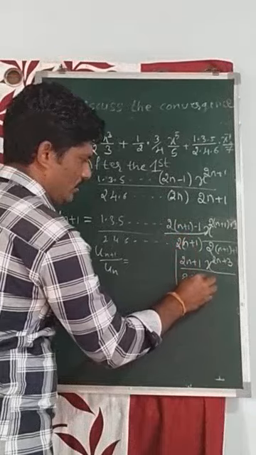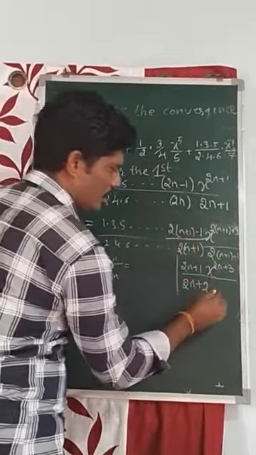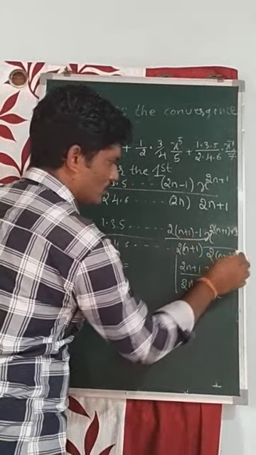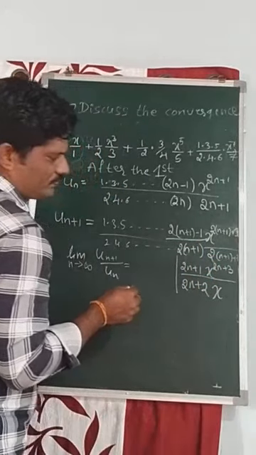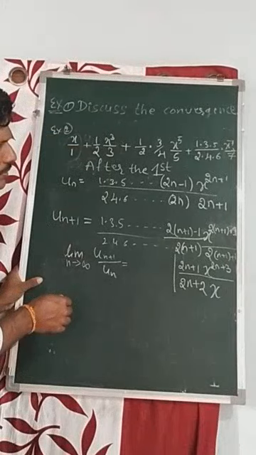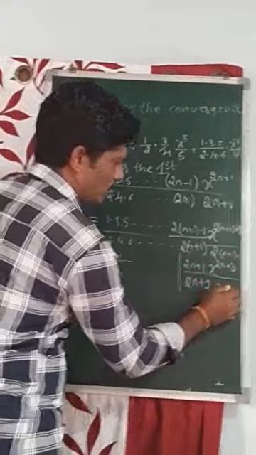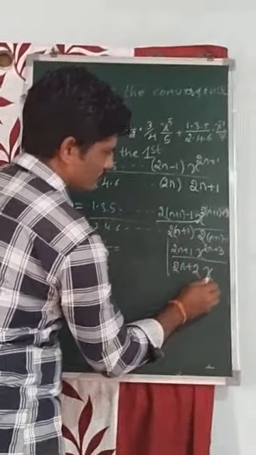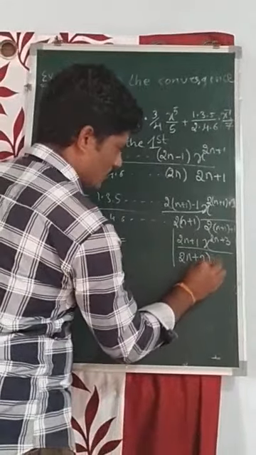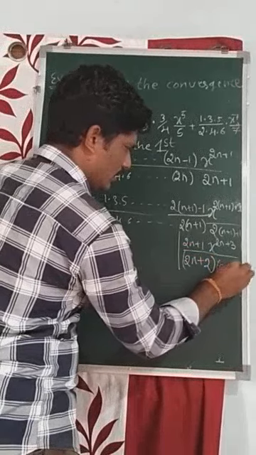Here also x raised to 2n plus 2 plus 1. n equal to n plus 1, n plus 3.